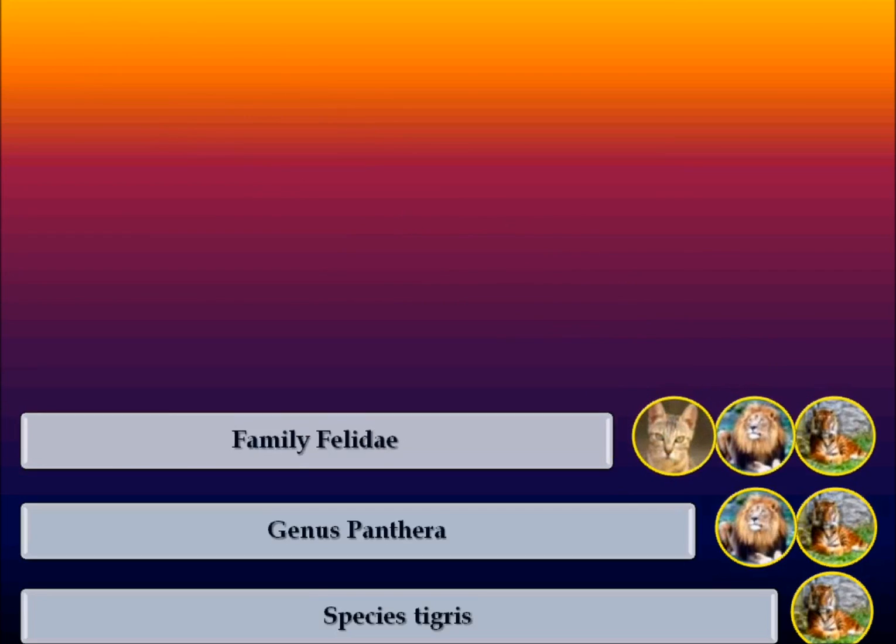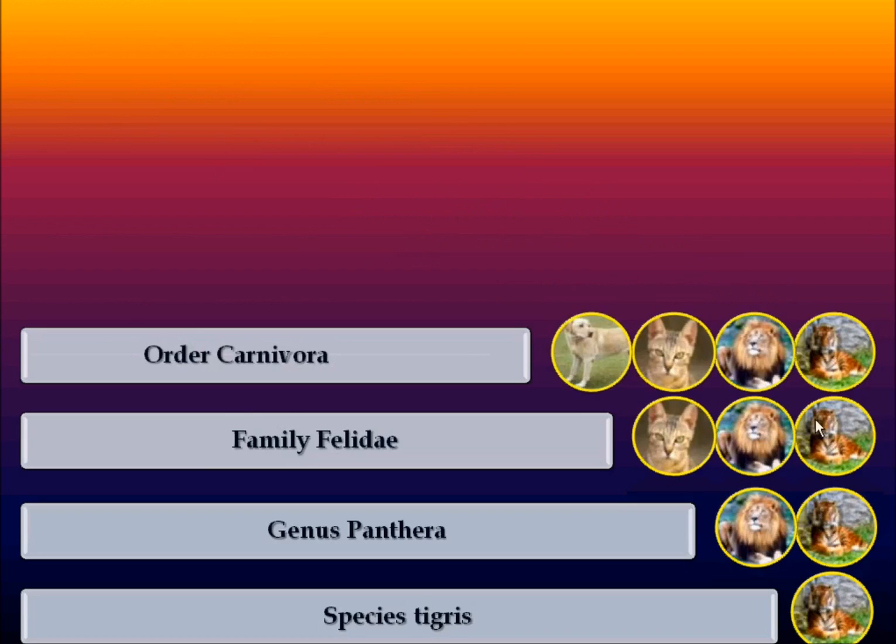So see, all the tigers have similar characteristics, but genus Panthera will include both lion and tiger, which may be having few similar characters, and family Felidae will include cat, lion and tiger, because these three have certain features in common. And together with dog, they fall under order Carnivora because they may feed on the flesh of other animals.